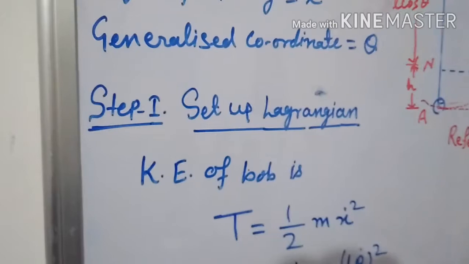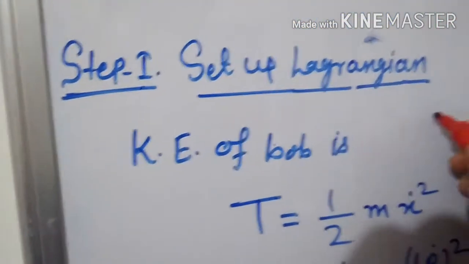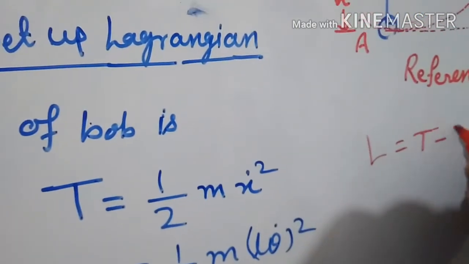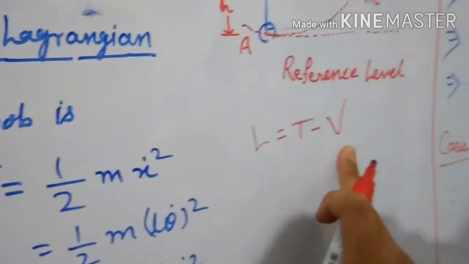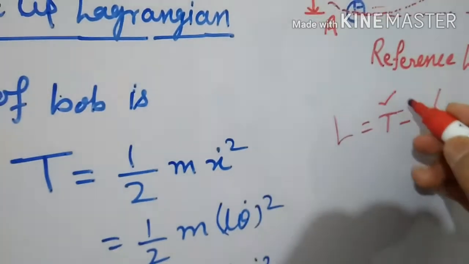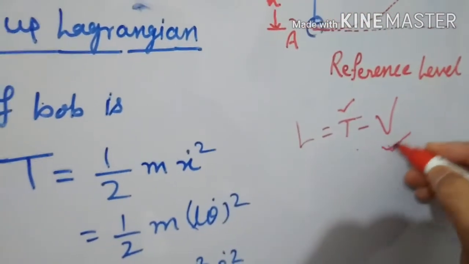So here, since we know that Lagrangian function is given by L equal to T minus V, where T is kinetic energy and V is potential energy, our first task is to find kinetic energy and potential energy.